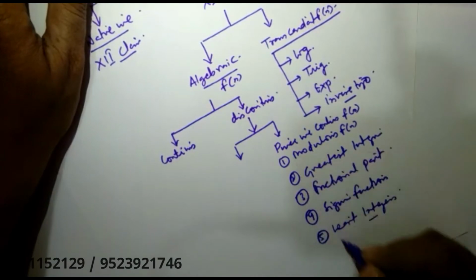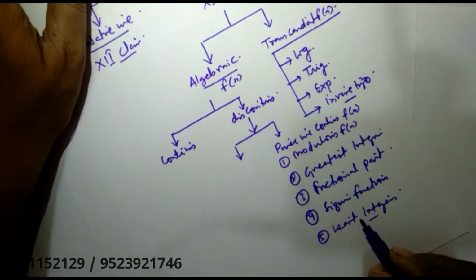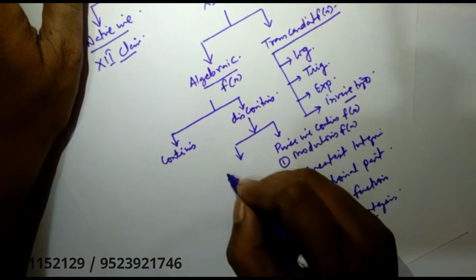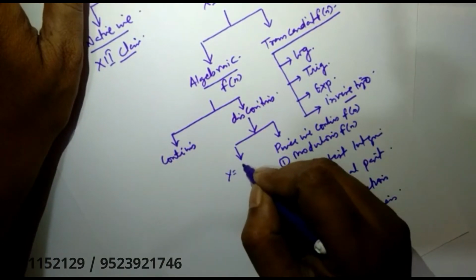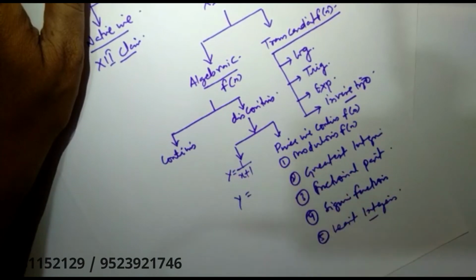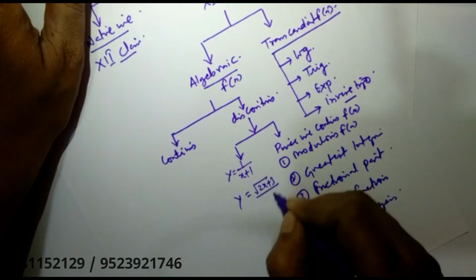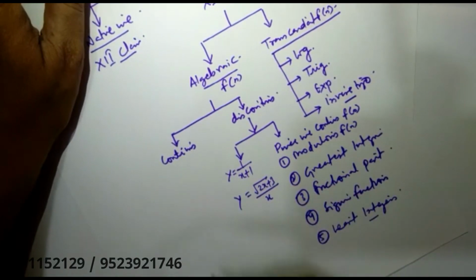These all are the categories which are in piecewise continuous function. But in discontinuous function, here we will discuss rational function like x plus 1, 1 by x plus 1, root under 2x plus 3 by x, like this.